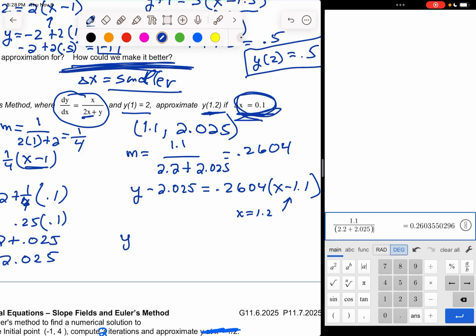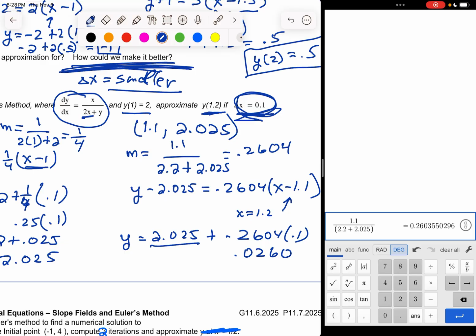So we get y is equal to 2.025 plus 0.2604 times 0.1. That moves the decimal over, so this becomes 0.0260, and I'm going to leave it right there.